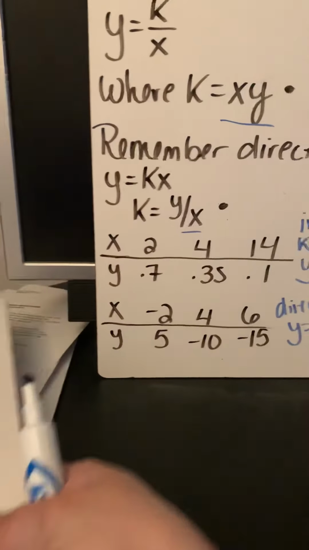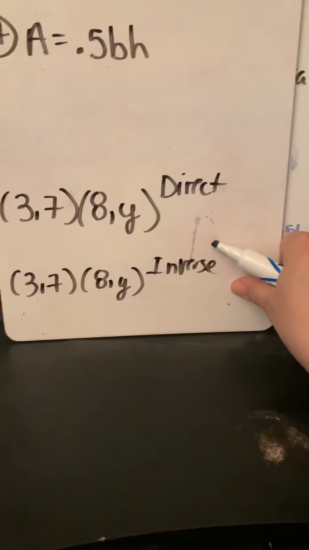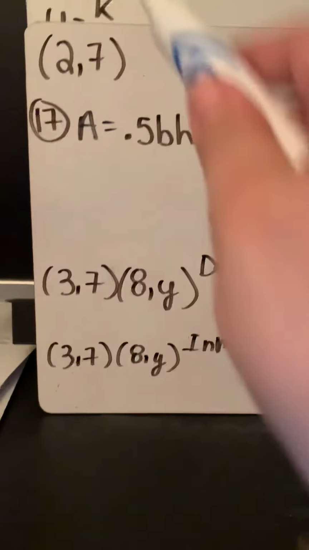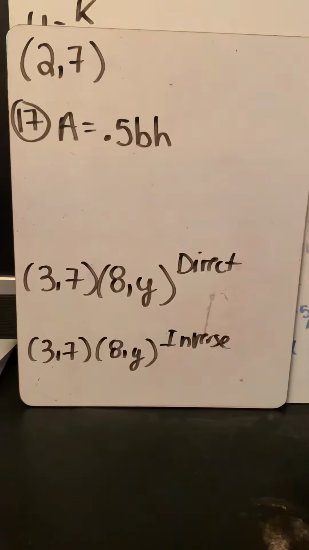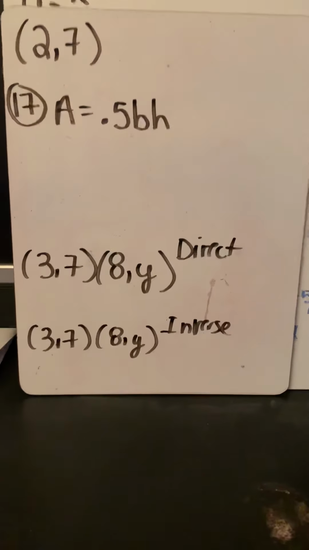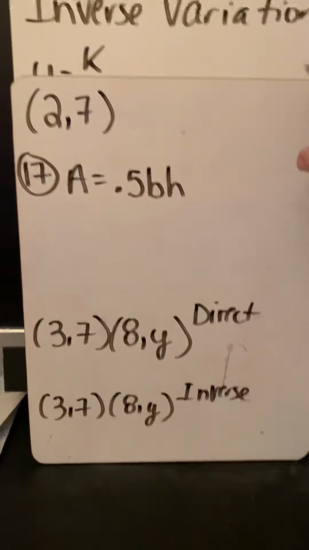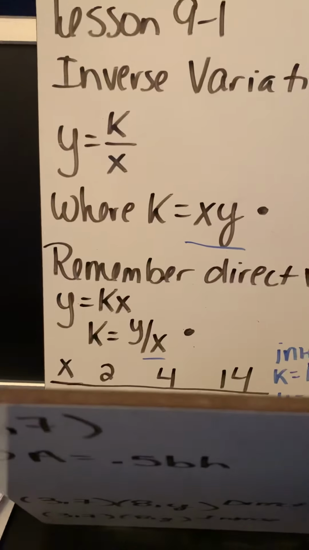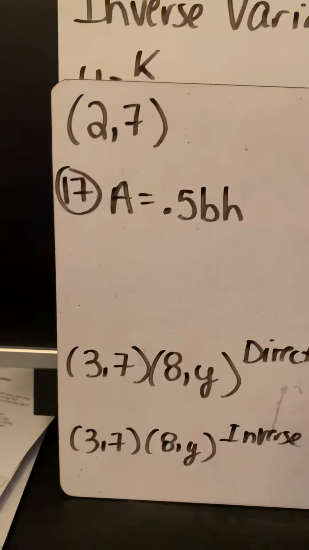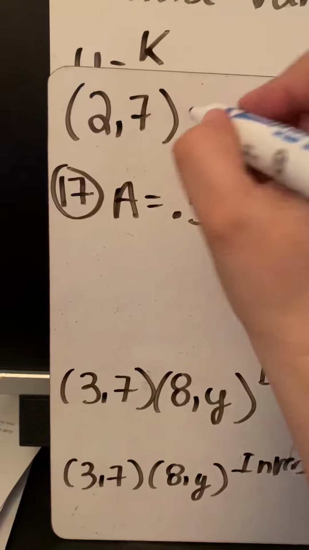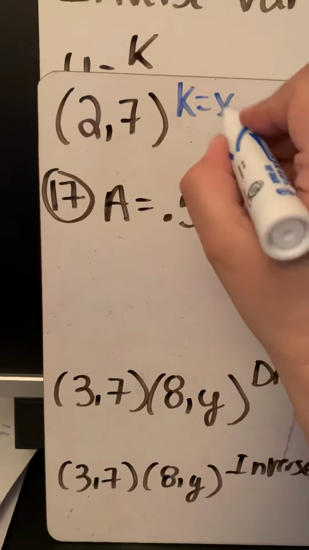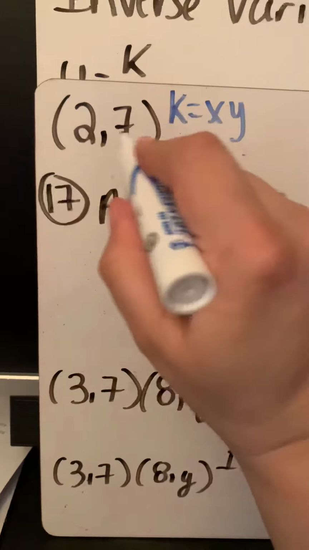Okay, so you're also going to be asked, if you're given an ordered pair, write the equation of the inverse variation. Well, the first thing you need to have is your k. Well, we know from inverse variation, k is x times y. Okay, so k equals xy. So just multiply those two.